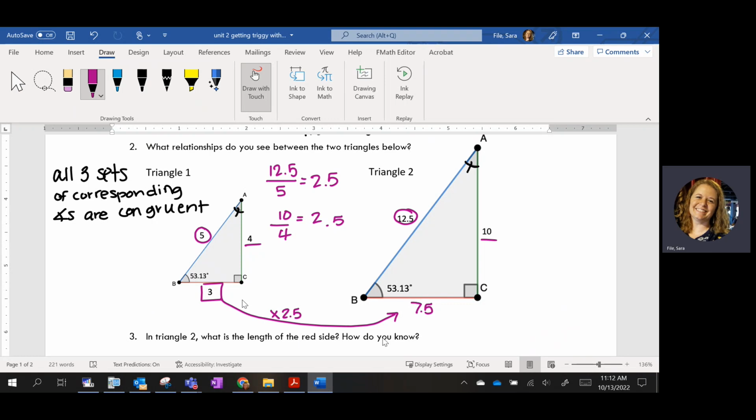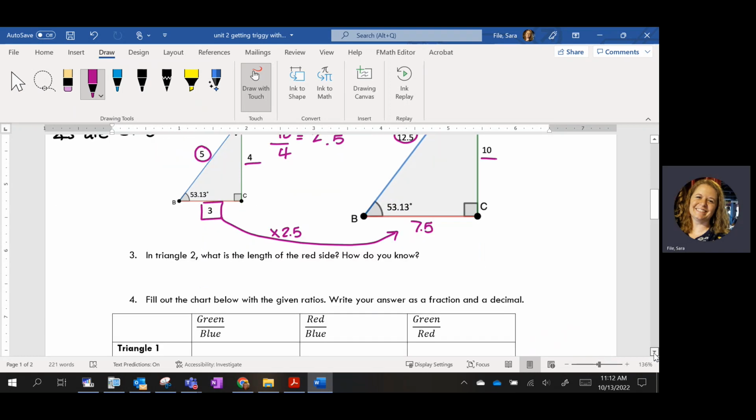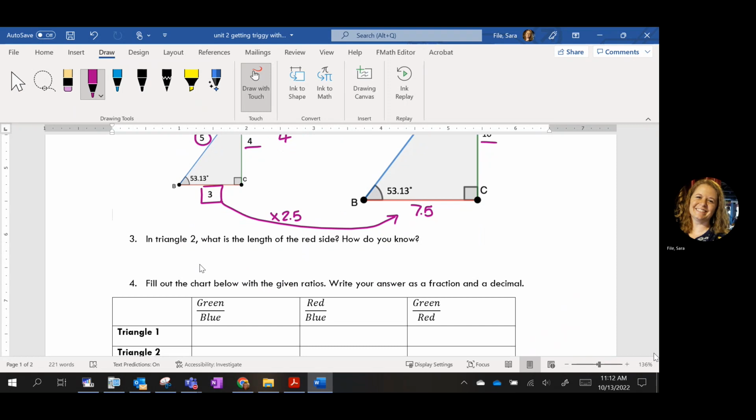Okay, and how do you know? I'm going to say that I found it to be 7.5 because, gosh, I'm going to try turning this off and back on to see if it connects better or moves faster. I don't know what the deal is.